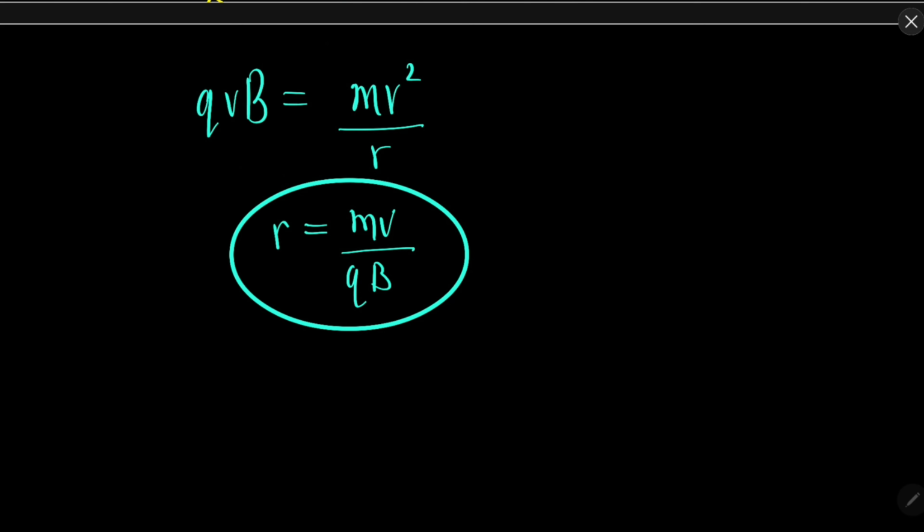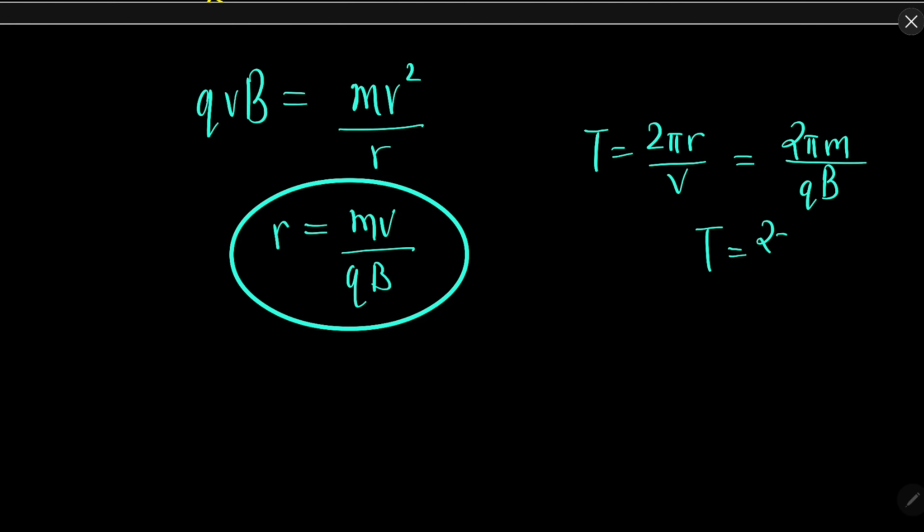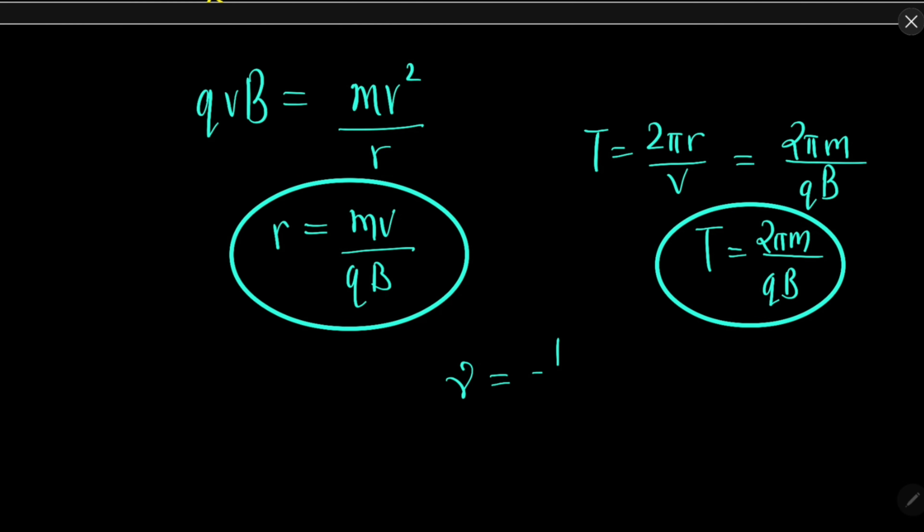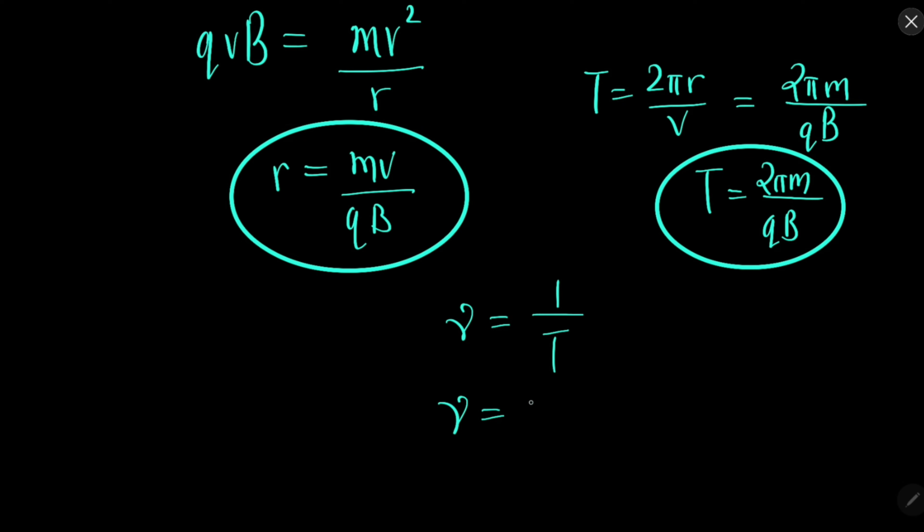The time period can also be found out. Time period will be 2 pi r over velocity, which will be 2 pi m over qB. Similarly, frequency can be found out, which will be 1 over time period, which will be equal to qB over 2 pi.